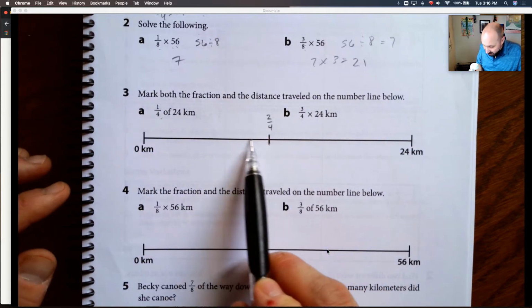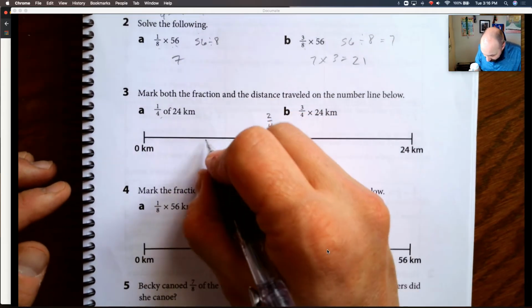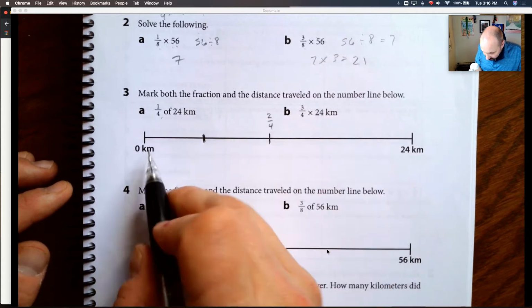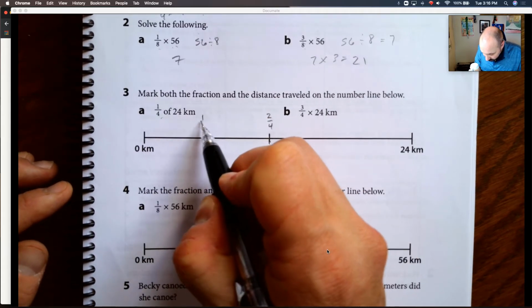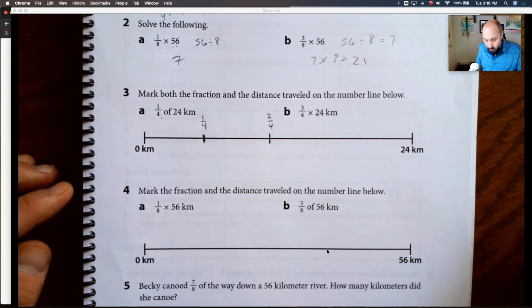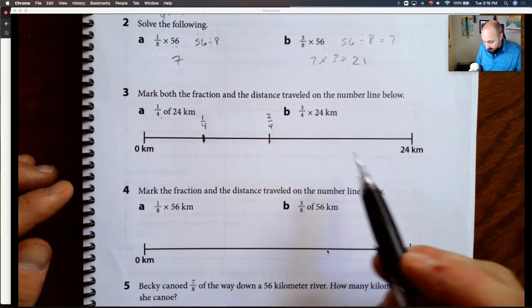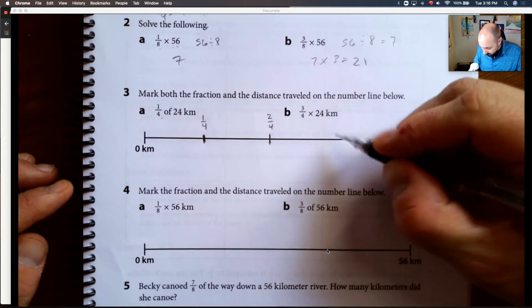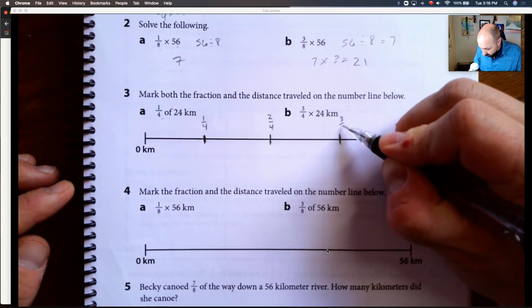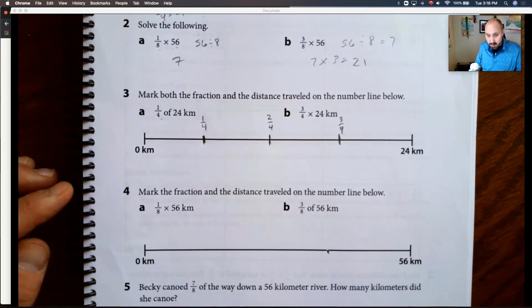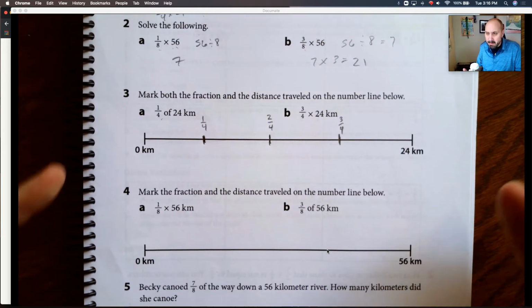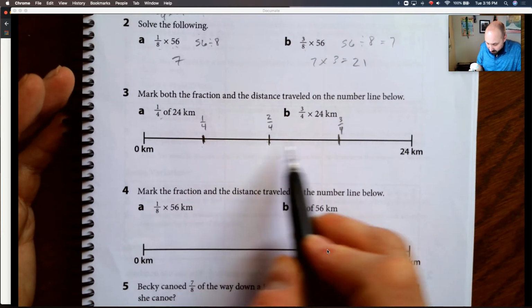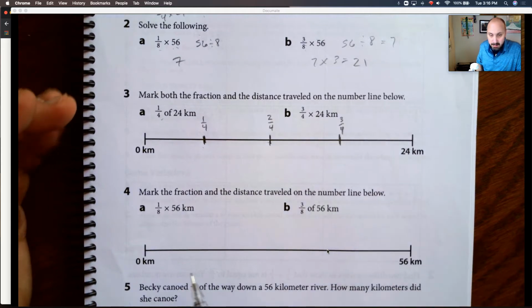So now I can really kind of see, oh, about halfway between the 0 and the 2/4 is right here, 1/4. And the other half between 2/4 and 4/4 is right about here, or 3/4. So each of these sections is about a fourth of the whole.